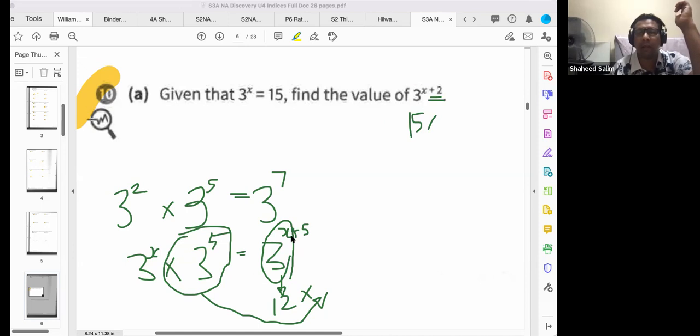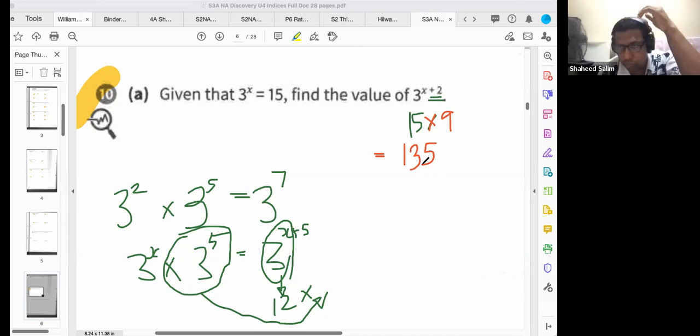When you plus the power, it means you are multiplying the numbers. So what is 3 to the power of 2? 3 to the power of 2 is 9, correct? That's your final answer. 15 times 9 is equal to 135.